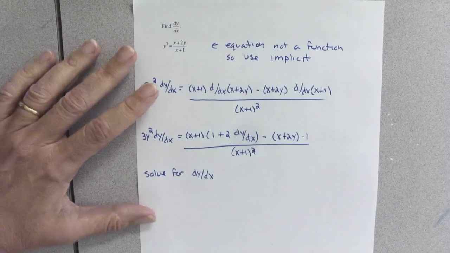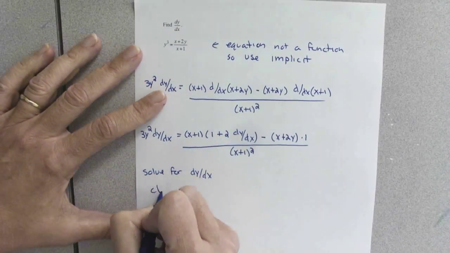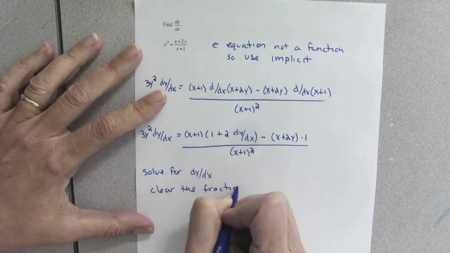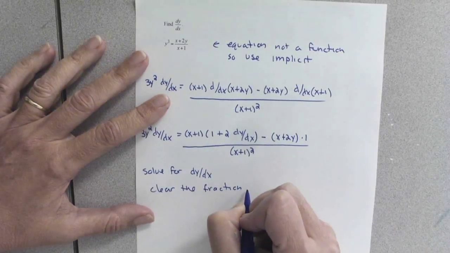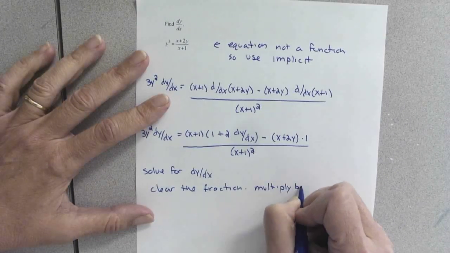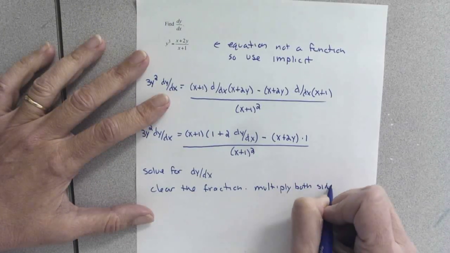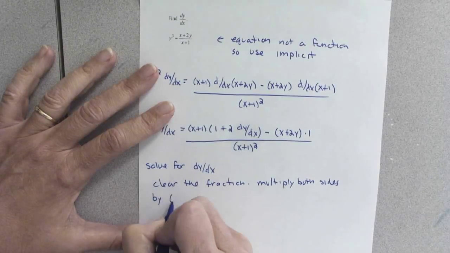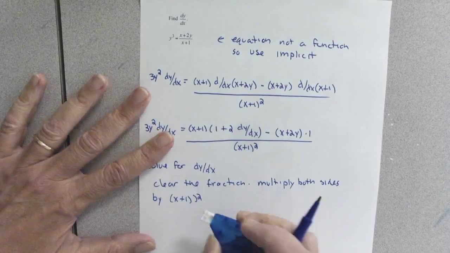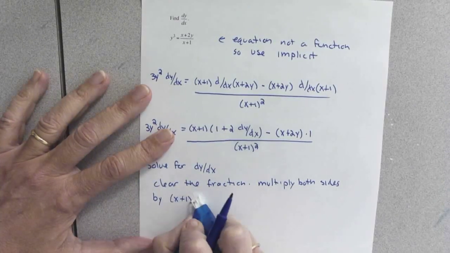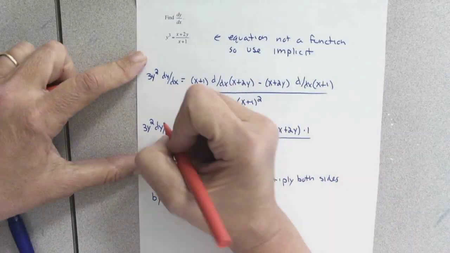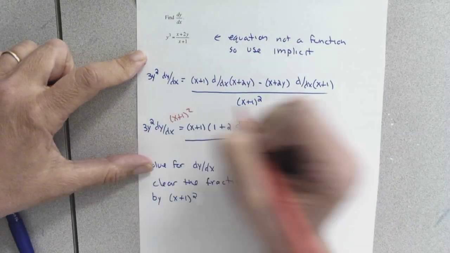And what I'm going to suggest first here is to clear the fraction. And I'm going to do that by multiplying both sides by that x plus 1 quantity squared. So over here, x plus 1 quantity squared.